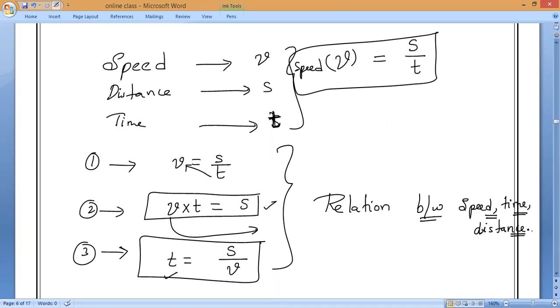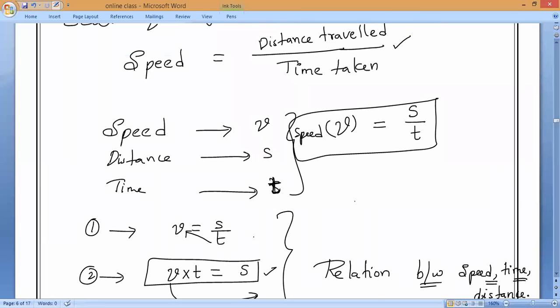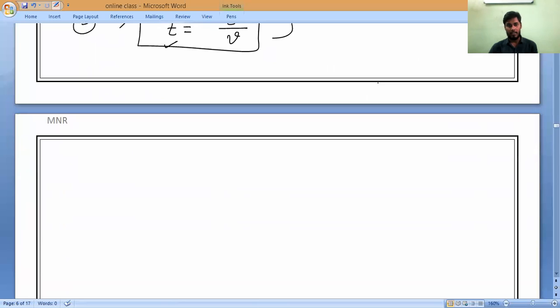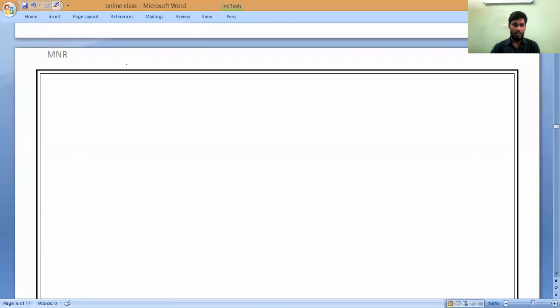That is what you have to remember. Please all of you make it. Now observe very carefully.